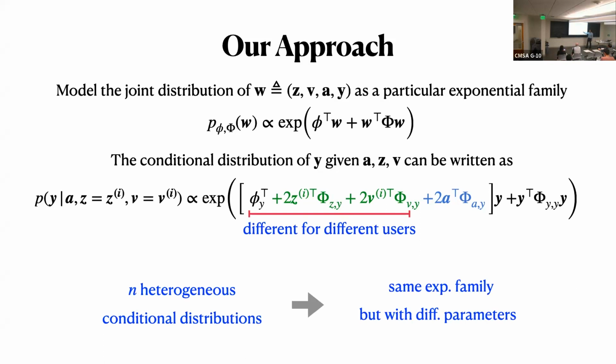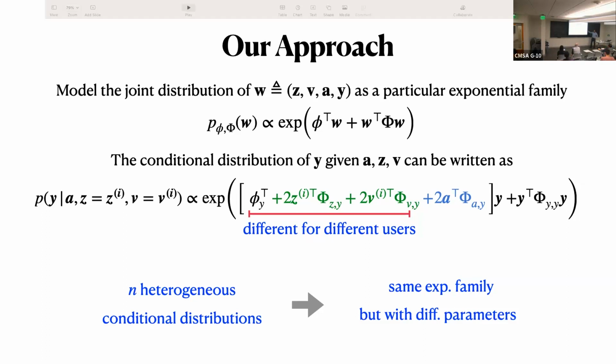Then there is this green part, which is effectively different for different users. Again, this is common, but let's call this whole thing a linear term or linear parameter associated with y. And that varies with every user. And the way it's varying with every user is there's some dependence on covariates, some dependence on unobserved things, and of course, there is a thing with y.